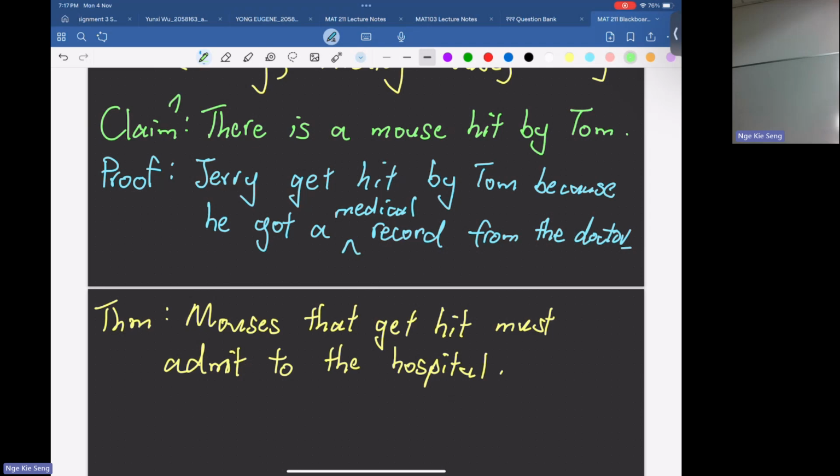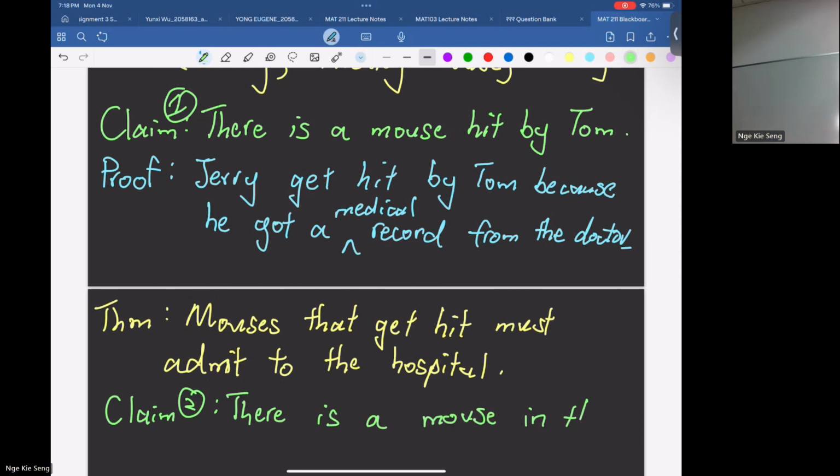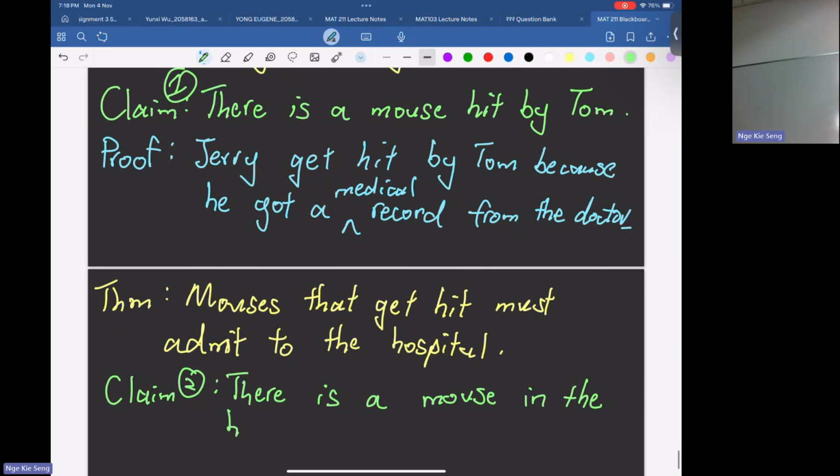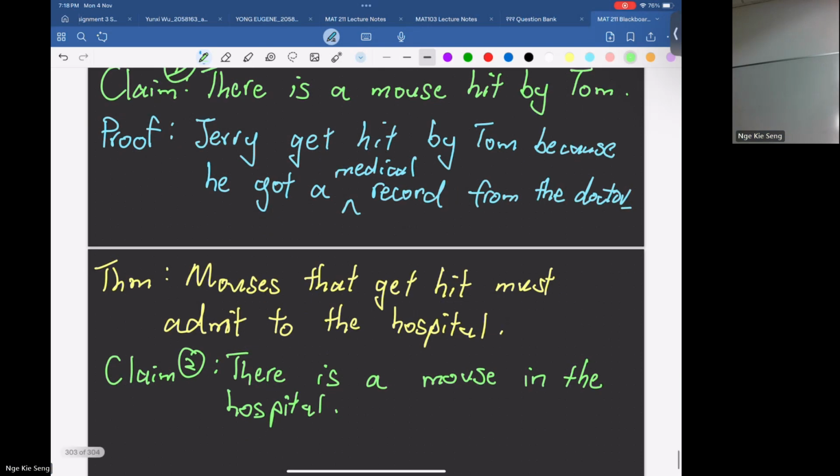Second claim: there is a mouse in the hospital. How to prove the second claim? Assuming claim one we already proved, Jerry got hit already. How to prove the second claim?